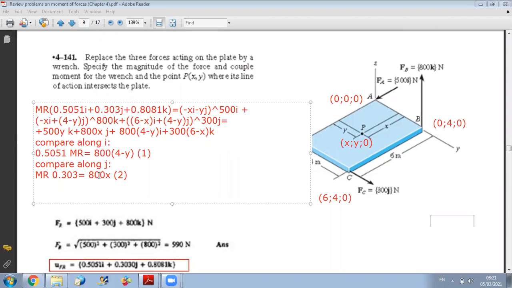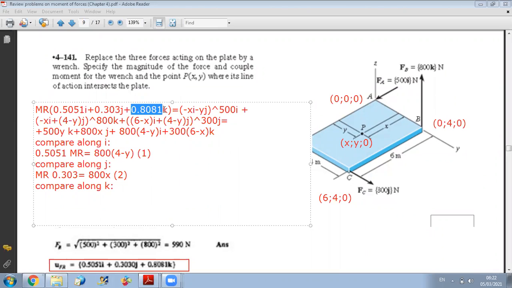And finally, by comparing along k, I get my third equation. So along k, what do I have? I have first 0.8081 mr equals to, along k, from the other side I have 500y plus 300 times 6 minus x.